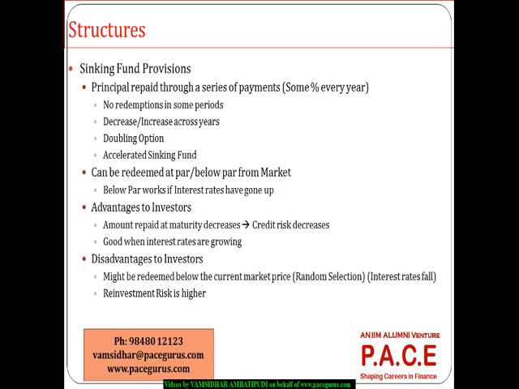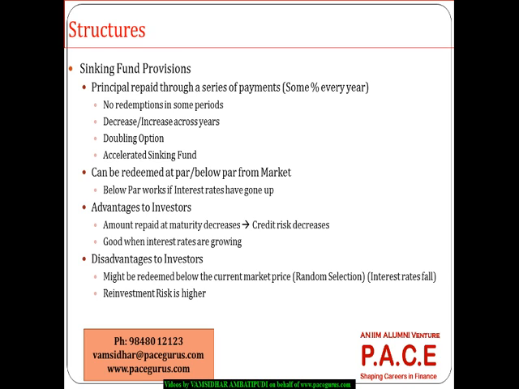And especially when the interest rates are much lesser, there is an inverse relationship, right? We always talk about an inverse relationship between the interest rates and the price of the bond. So when the interest rates in the market go lower, it is generally observed that the bond will be sold at a premium.